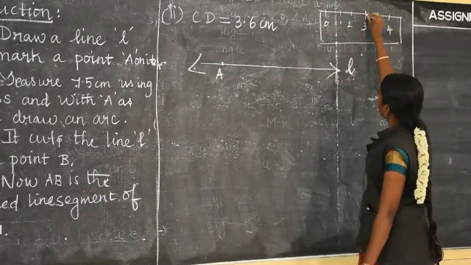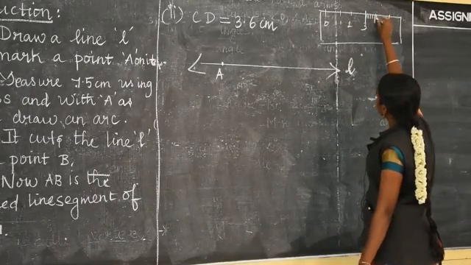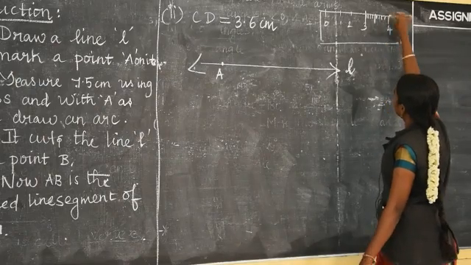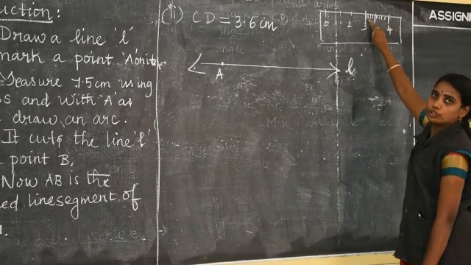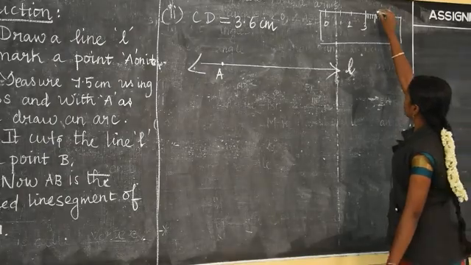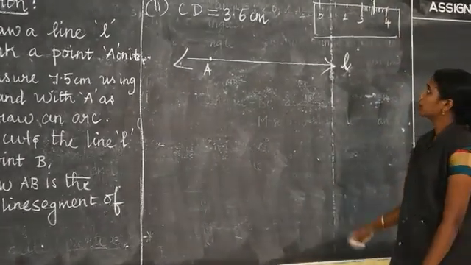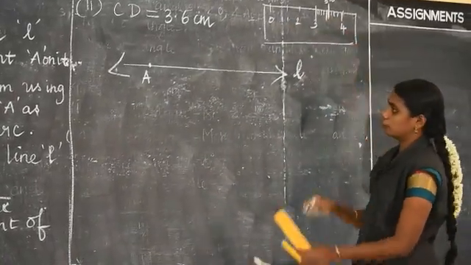Here listen, 1, 2, 3, 4, 5th line, then 6th, 7th, 8th, 9th line. Yes or no? It will be there like this. 3.1, 3.2, 3.3, 3.4, 3.5. Here only this is 3.6. Measure from 0 to 3.6, between 3 and 4.